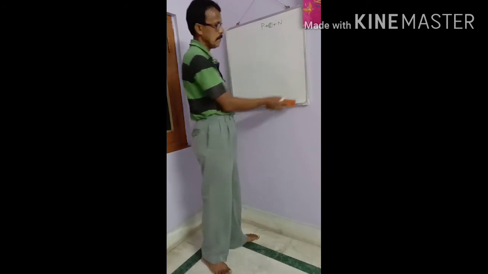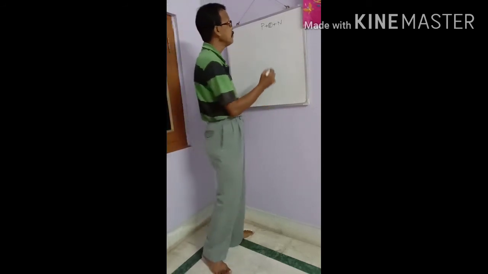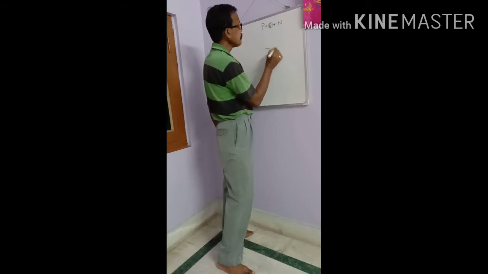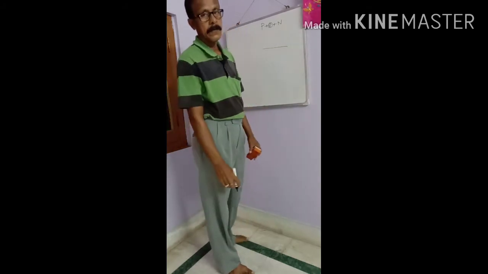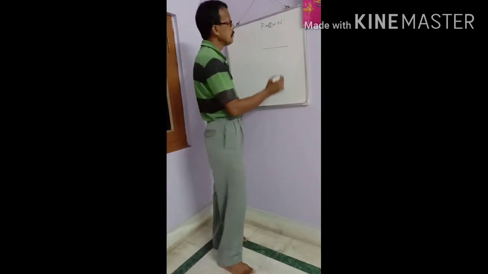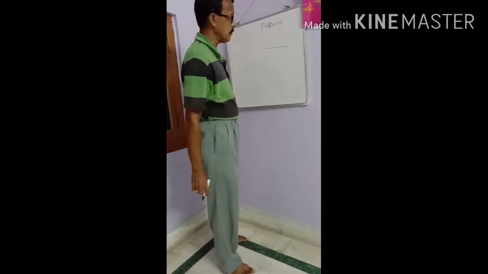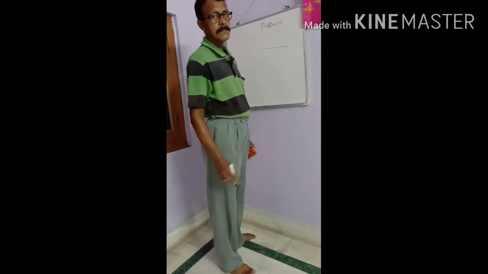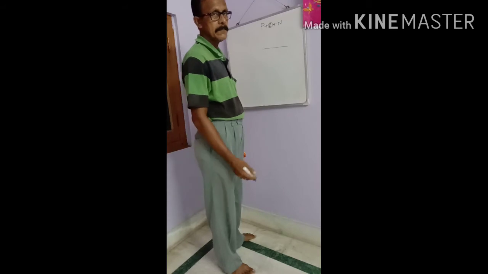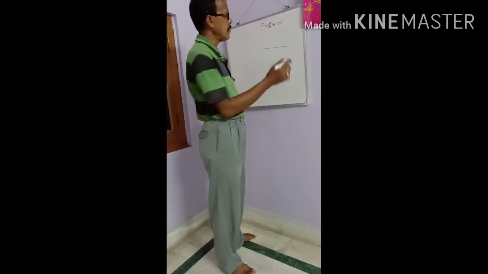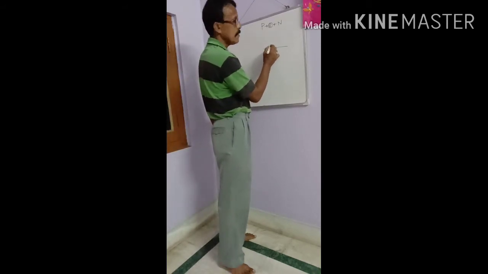Regarding F hook, now I will tell in case of horizontal stroke. In case of horizontal stroke, the F hook will be written anti-clockwise direction, that is ka.